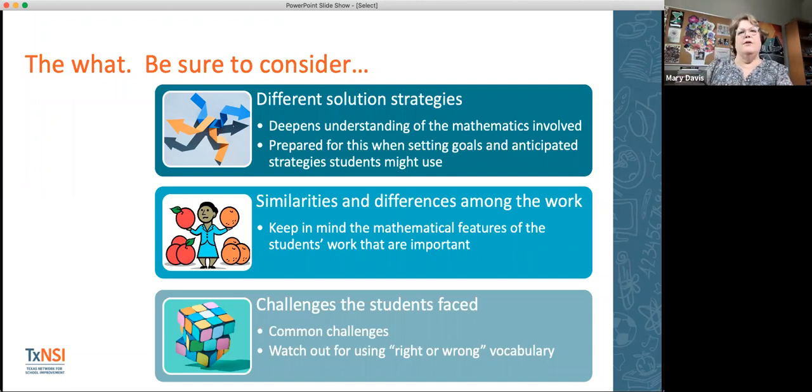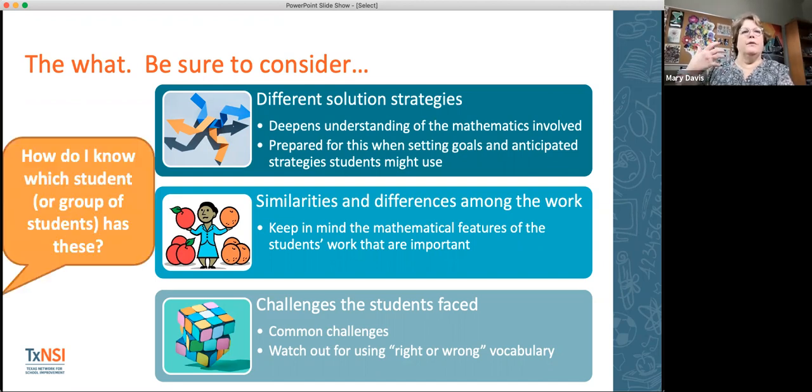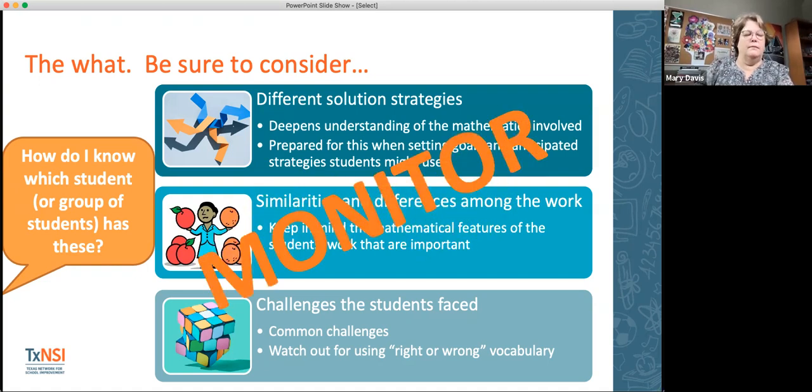So you might be sitting here thinking, yeah, that's all great, Mary, but when exactly are we going to figure out how I know which student or group of students has these? How do I know if group 1 has a different solution strategy than group 4? Or if there's similarities and differences at the same table? The whole idea behind this is that step in between anticipating and selecting, which is monitoring.